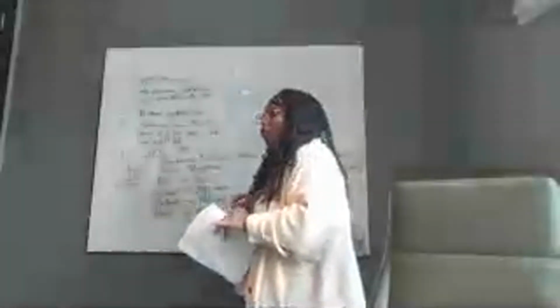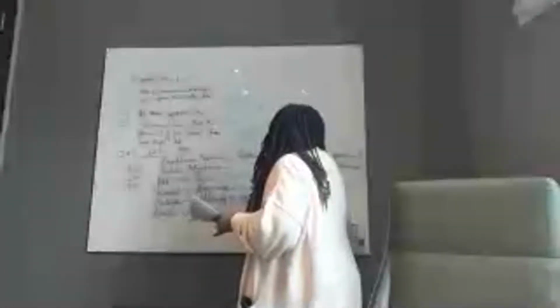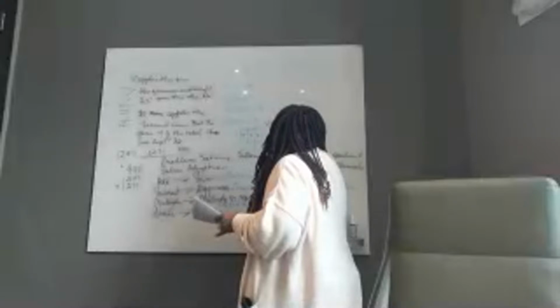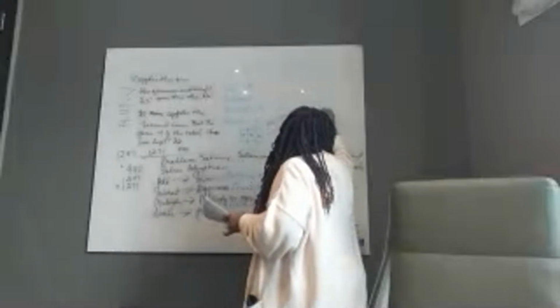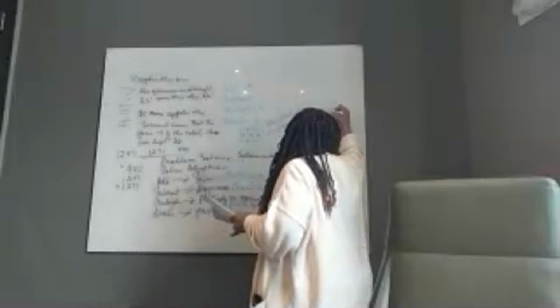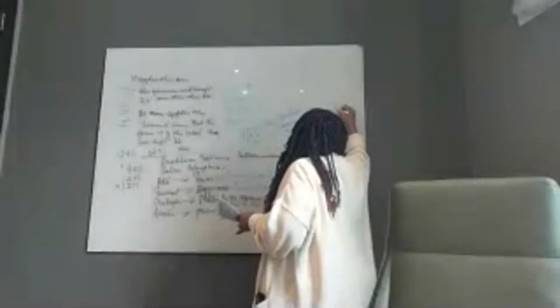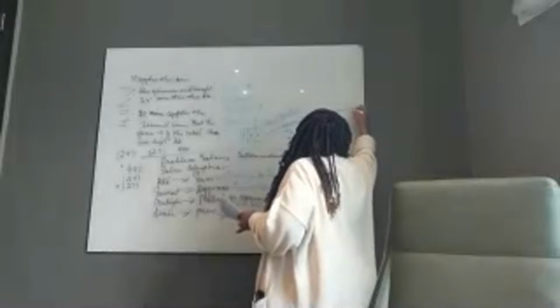So if you cut this in three equal pieces, now I got to ask you, what is the part for each person? It would be a third. A third of what?